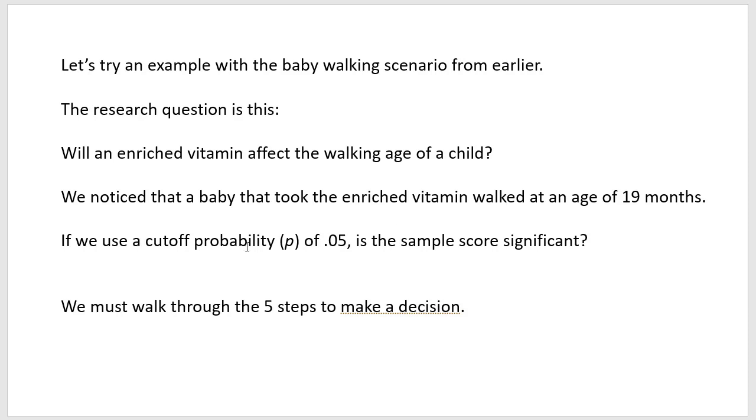We're going to use the cutoff probability of 0.05, meaning that we are going to consider a result significant if it occurs less than 5% of the time, or if it falls in a rejection zone that encompasses 5% of our comparison distribution, which we'll see in just a moment. But let's walk through the 5 steps to make a decision.